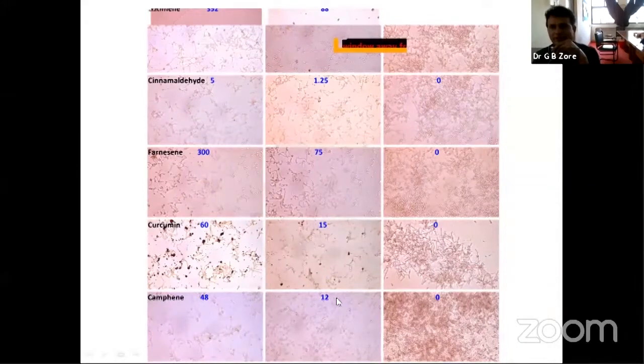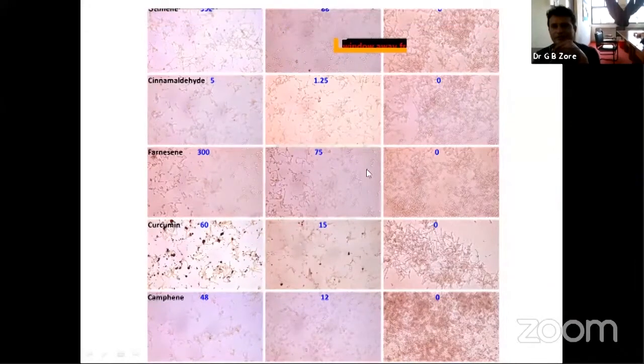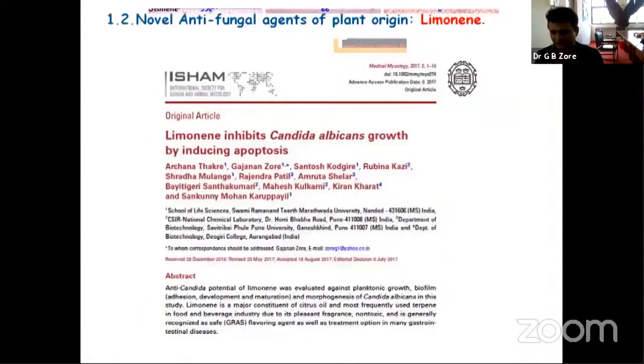Now we were wondering, since these molecules are inhibiting fungal growth very effectively, how exactly do these molecules exert an antifungal effect, how do they kill fungal cells? So that was the quest, and then we wanted to understand the mechanism of action of those particular molecules, and we did that study in detail.